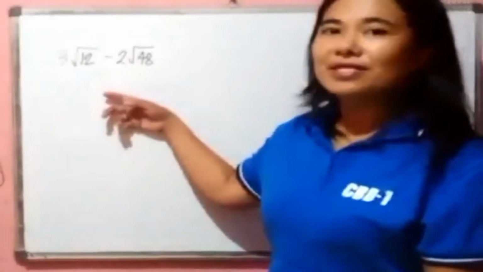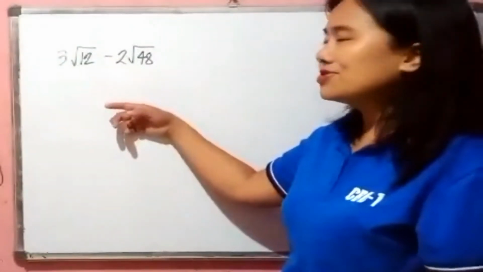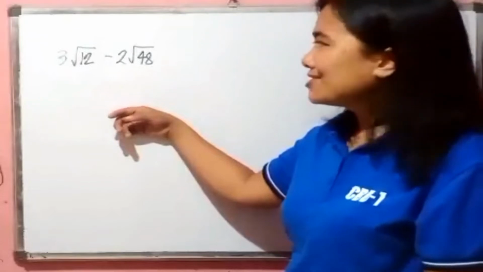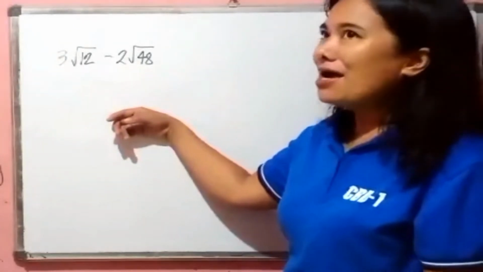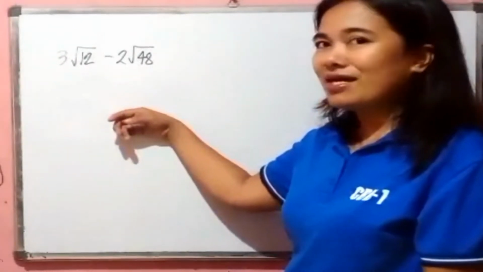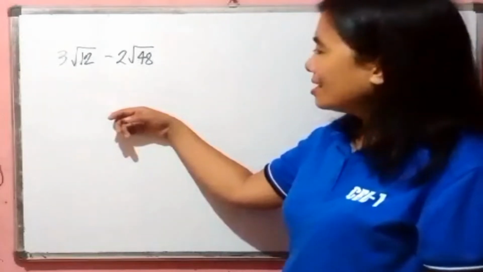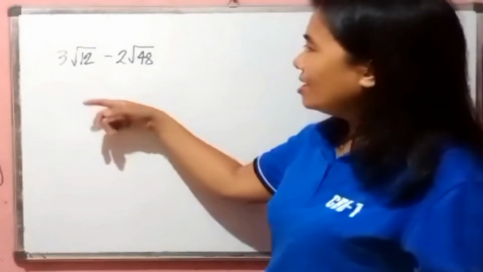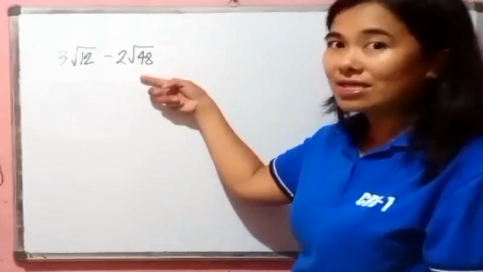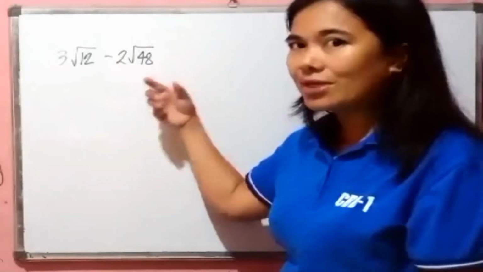Next example is 3 square root of 12 minus 2 square root of 48. As I said earlier, only similar radicals can be added or subtracted. Now, take a look at this one. You won't see similar radicals at one glance. Why at one glance?